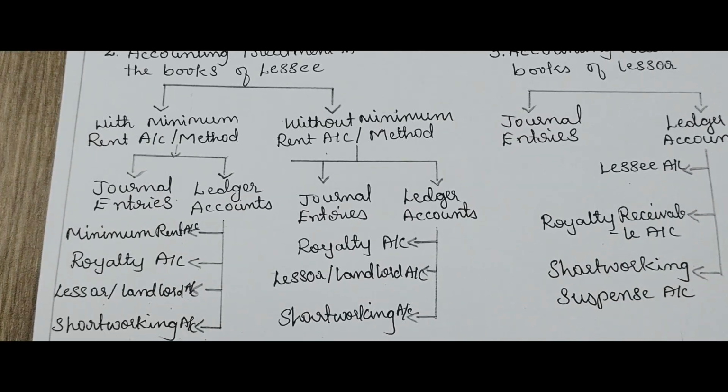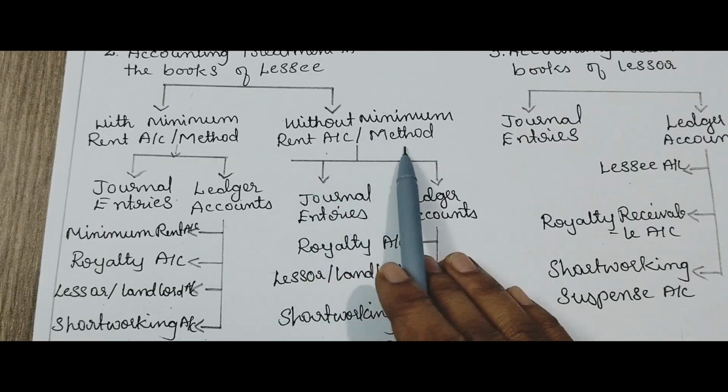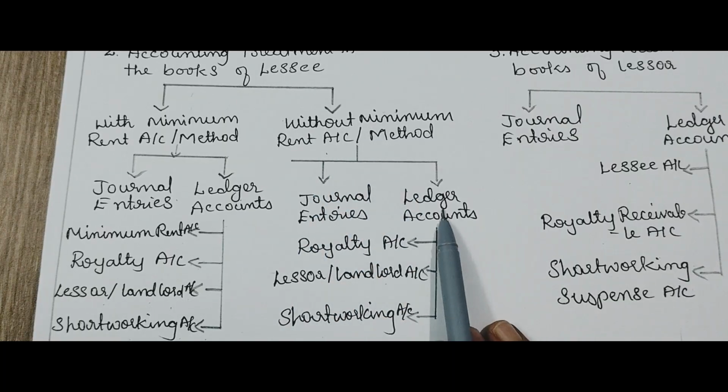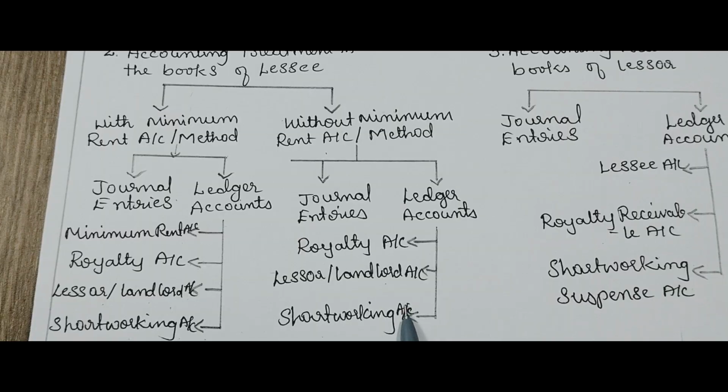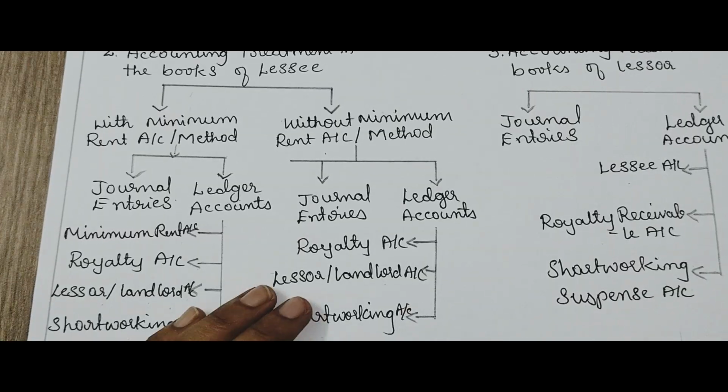Without the minimum rent account method, there are journal entries, and the ledger accounts are royalty account, lessor or landlord account, and short working account. You do not prepare the minimum rent account because this method is without the minimum rent account.